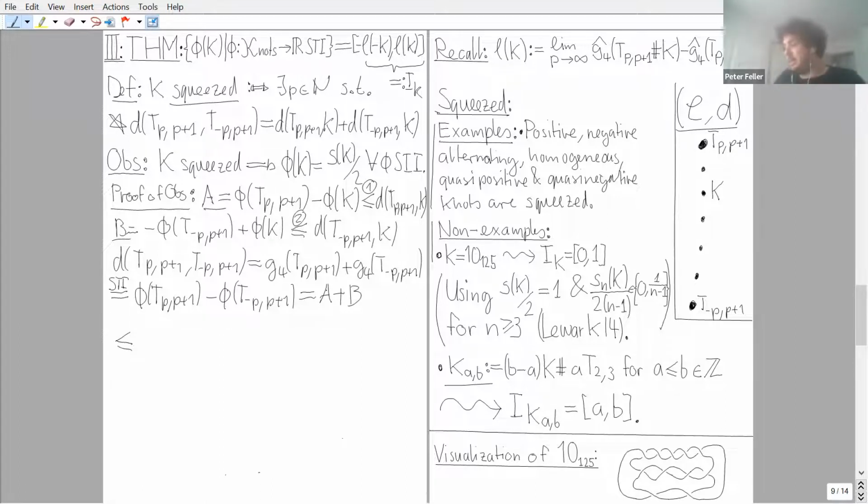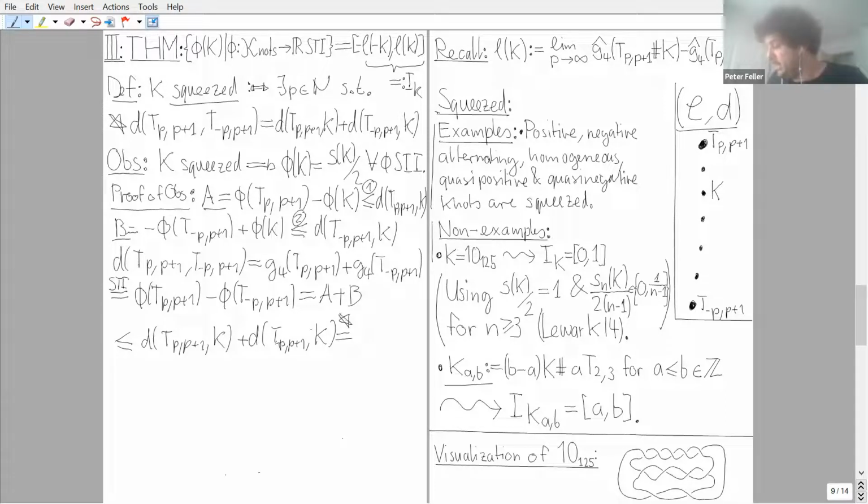But now, by 1 and 2, I have that this is less than the distances in this funny little metric between my torus knots and K. And now I want to use the fact that I'm squeezed.